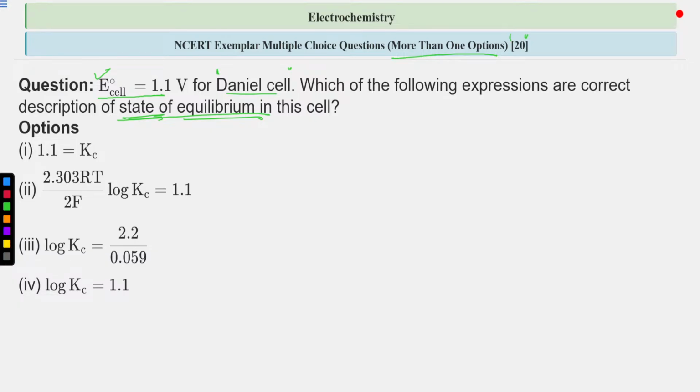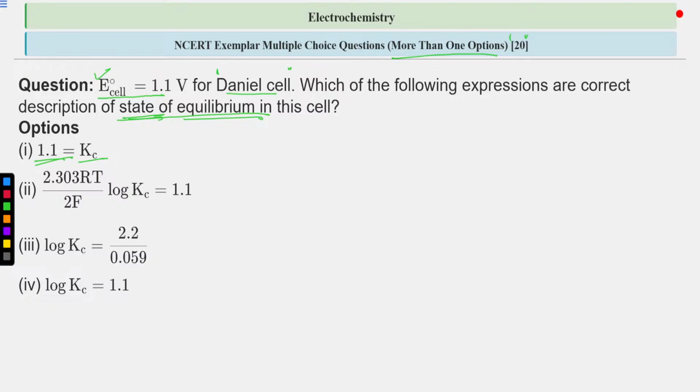When equilibrium is established in the Daniell cell, what equation do you get? The options are: Kc equals 1.1 volt, where Kc is the equilibrium constant; or 2.303 RT by 2F log of Kc equals 1.1; or log of Kc equals 2.2 divided by 0.059; or log of Kc equals 1.1.